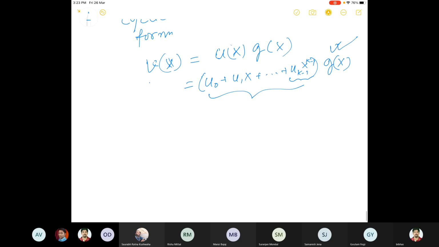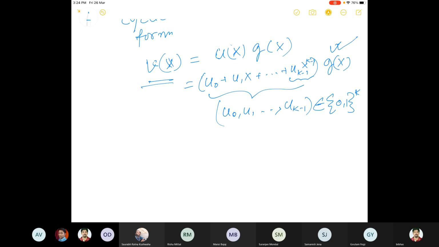Any Vx is of this form. So this vector u0, u1, up to u k minus 1 can be anything from 0, 1 to the power k. How many such elements are there? 2 to the power k. And exactly we have 2 to the power k Vx now, which are code polynomials. So you already got how to construct those code polynomials. So we know how to construct the cyclic code now.